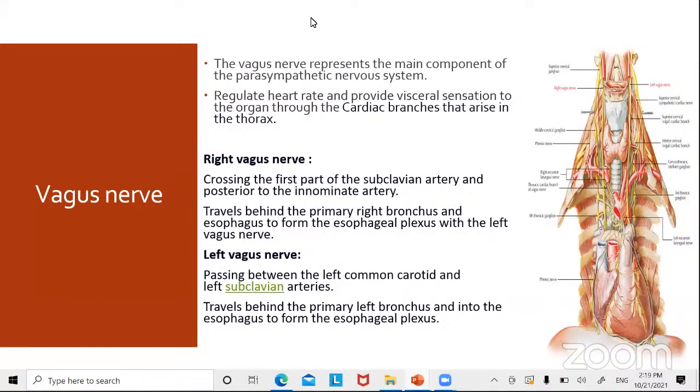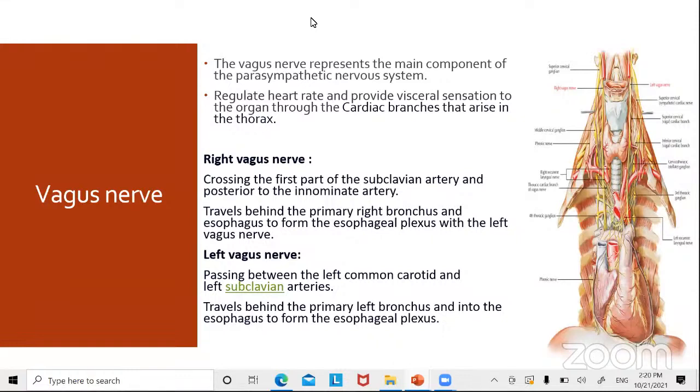This parasympathetic innervation to the sinoatrial and atrioventricular nodes of the heart stimulates a reduction in the resting heart rate. They are constantly active, producing a rhythm between 60 and 80 beats per minute.